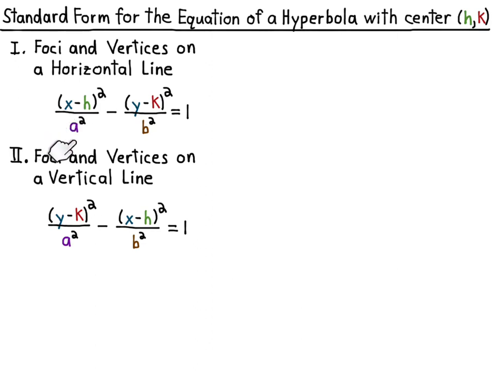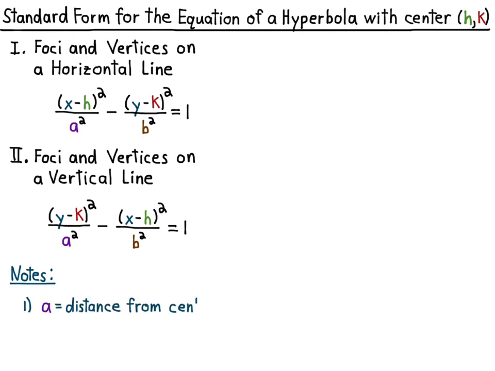The a will always give us the distance from the center to the vertex, so it's always with the positive term, the first term. The b will be the second term. So here the b is in the x direction and the a is in the y direction. Up here, the a is in the x direction and the b is in the y direction. Okay?